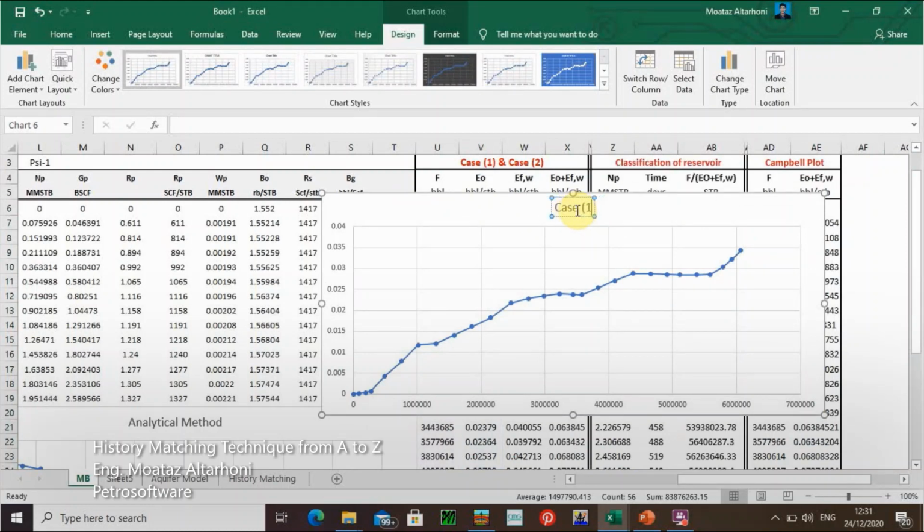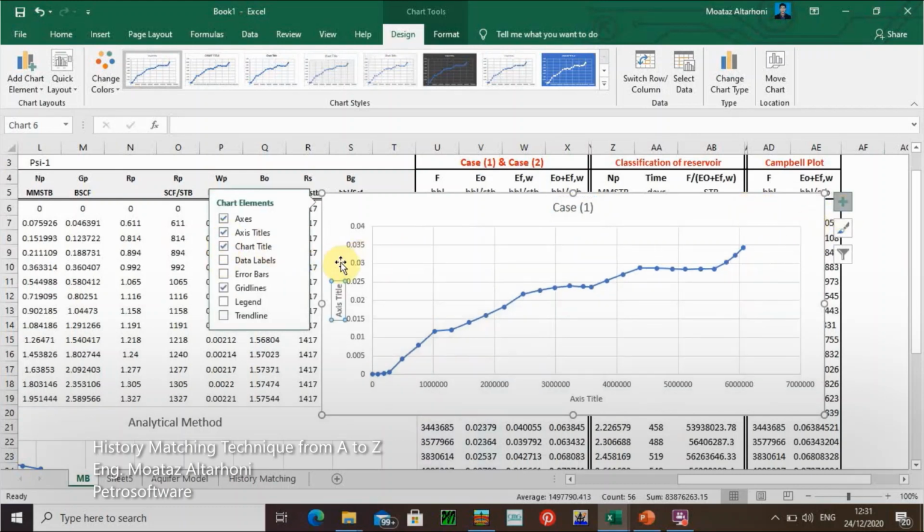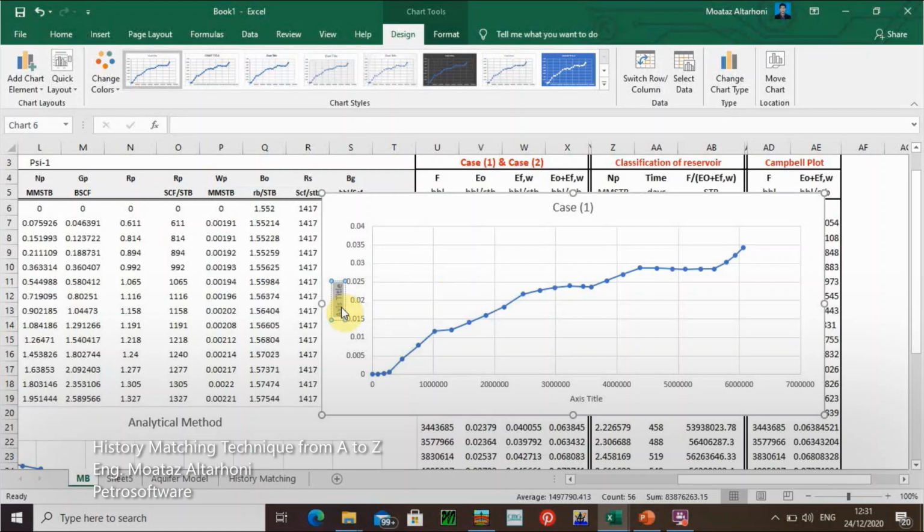Now I need to calculate the original oil place from this plot.